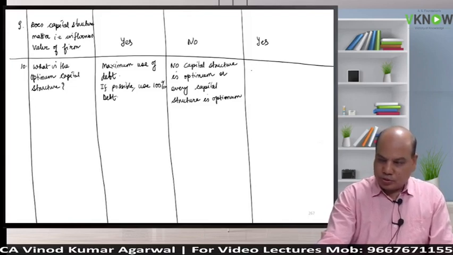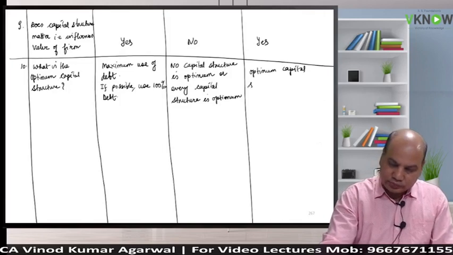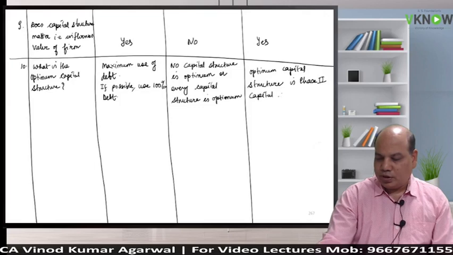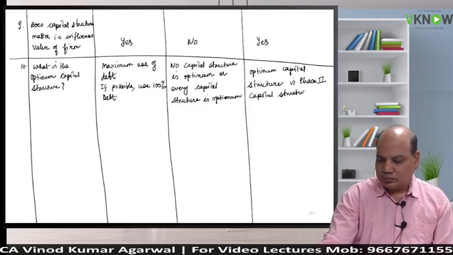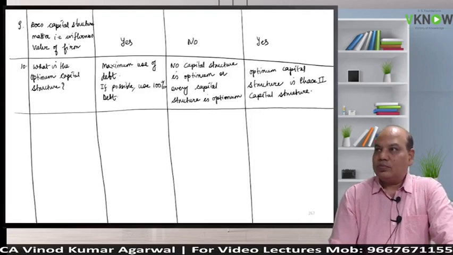In traditional approach, optimum capital structure is phase 2 capital structure. That means they should stop at phase 2. Is it right?